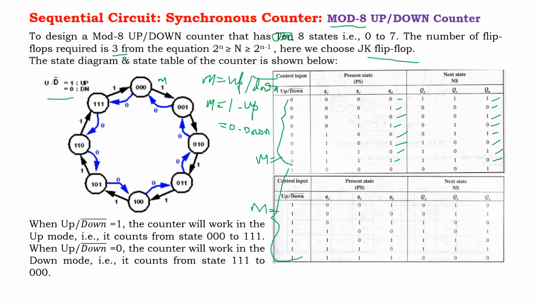This is a very simple state diagram, only the control input here. So if up and down bar, that is M, is equal to 1, then we will get the up counter, it will count from 0 to 7, and for the down counter, when M is equal to 0, it will count from 7 to 0.